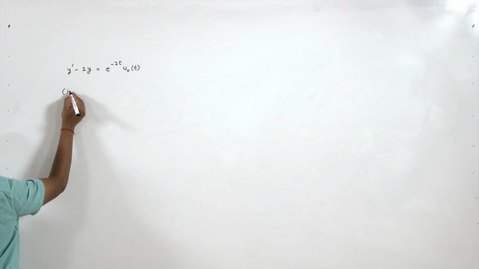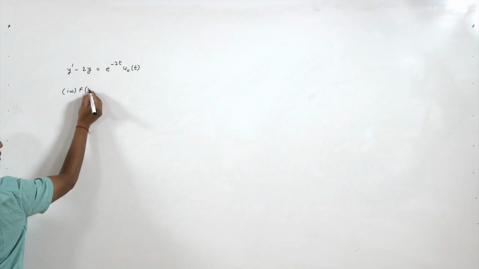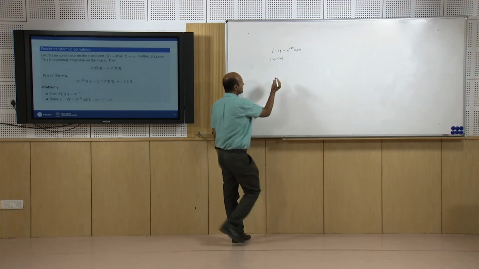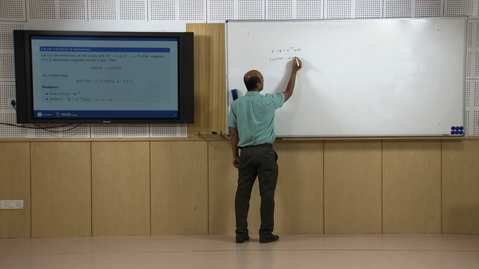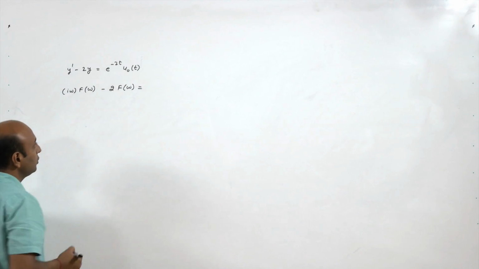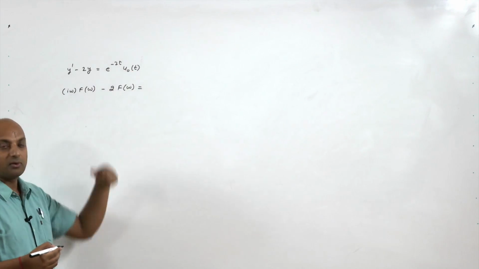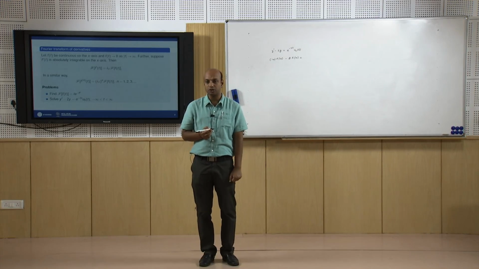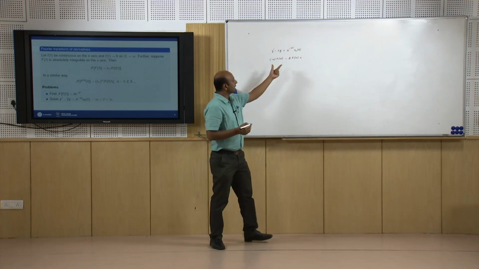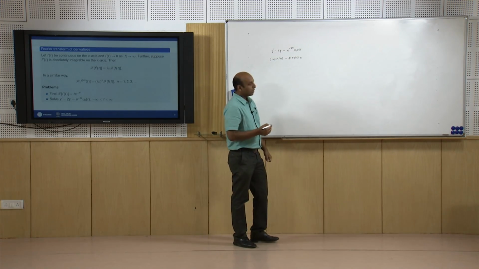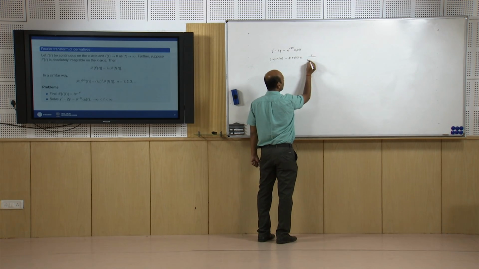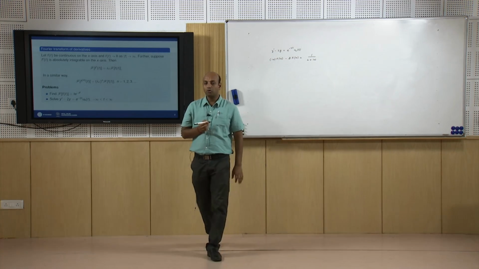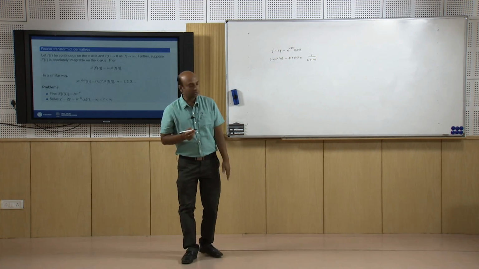By the formula, it is iω F(ω), where F(ω) is the Fourier transform of y(t), minus 2 F(ω), and is equal to, we already know that the Fourier transform of e^(-at) u_0(t), where u_0(t) is a unit step function at t equal to 0, is 1/(a + iω). So here it is 1/(2 + iω).